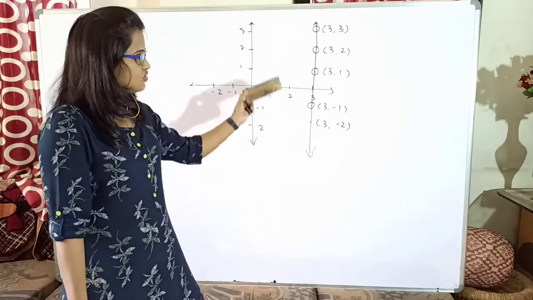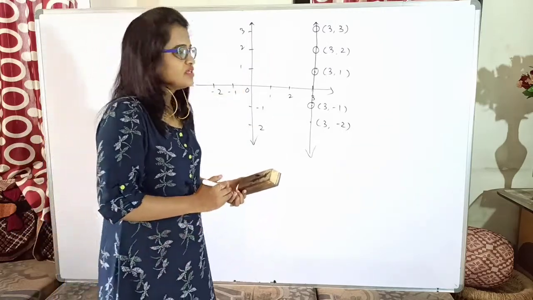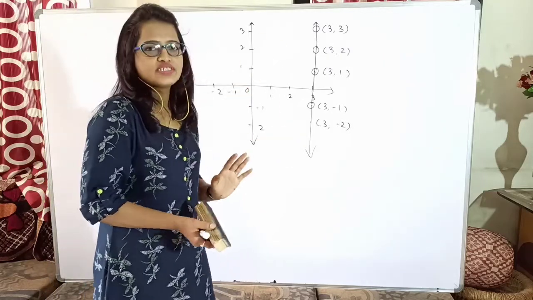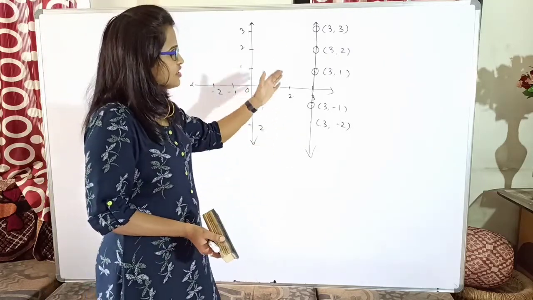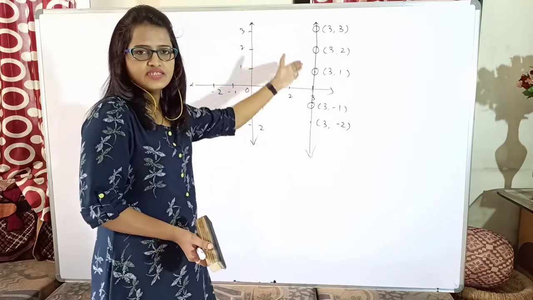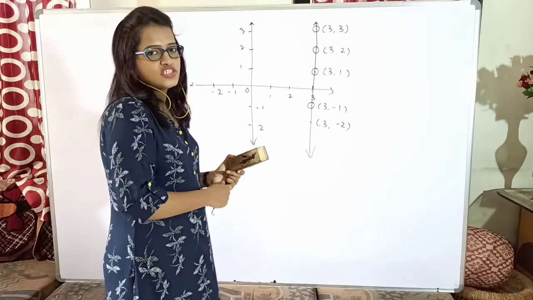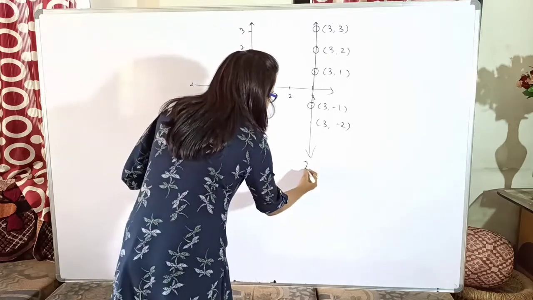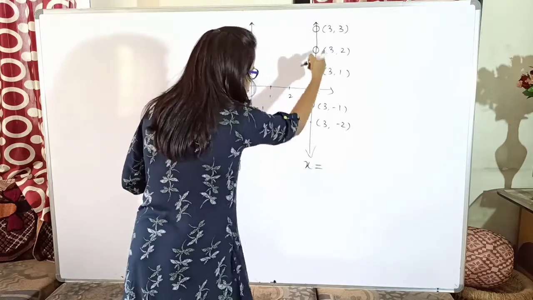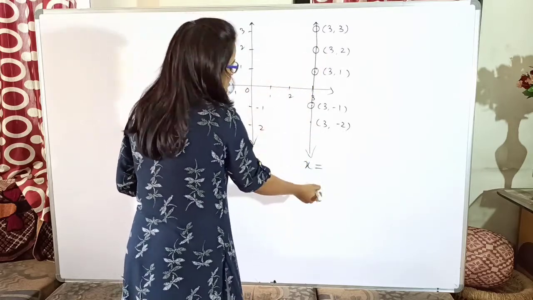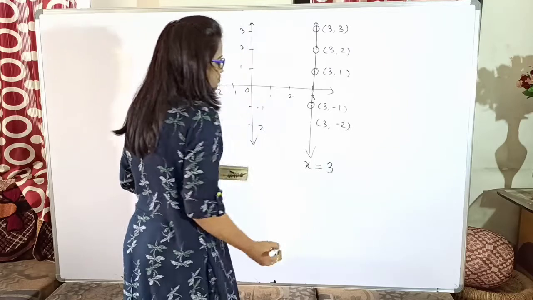Yes, the x coordinate of the point remains same. Is it changing? No. But the y coordinates are changing, wherever the line is there. So the equation of such a line is given as x is equal to whichever is the point from which the line is passing on the x axis, that is 3.